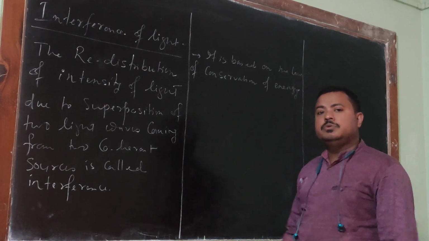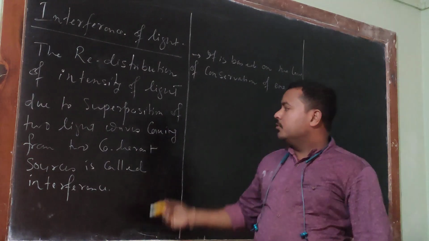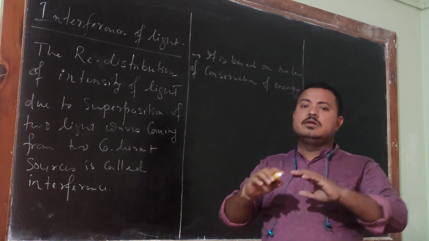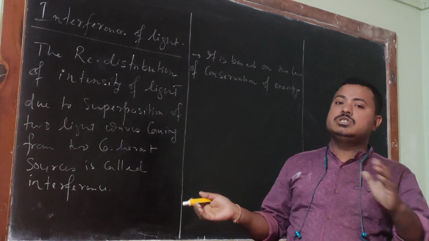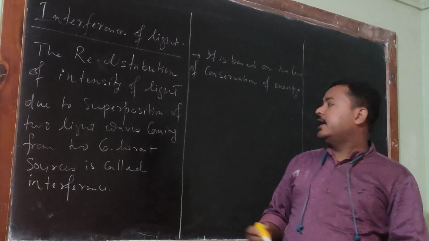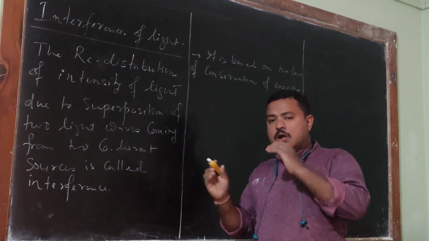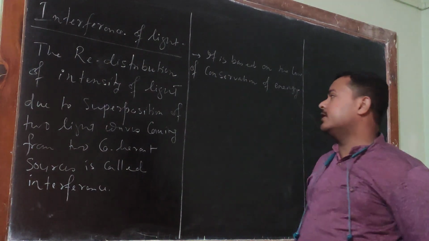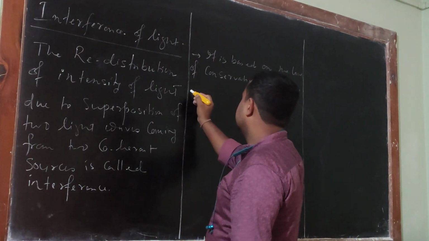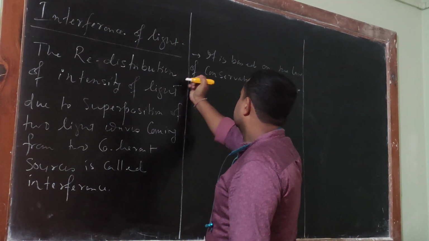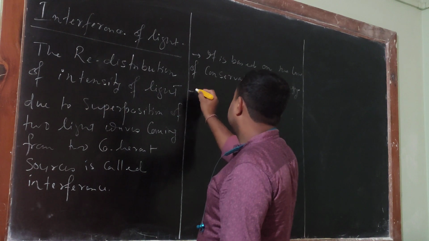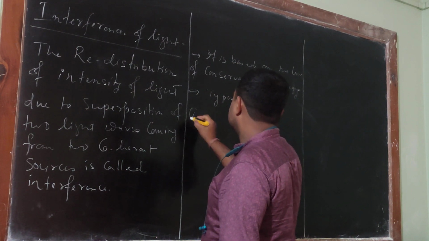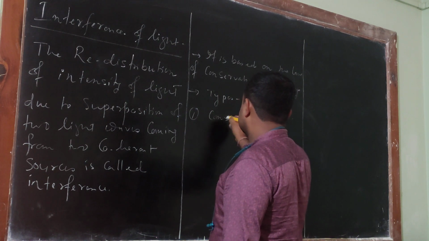Now you know there are two types of interference. We have seen that at some points on the screen the result intensity is maximum, that is due to constructive interference, and at some other points result intensity is minimum, and that due to what? Destructive interference. So you can say that it is of two types. One is what? Constructive interference.